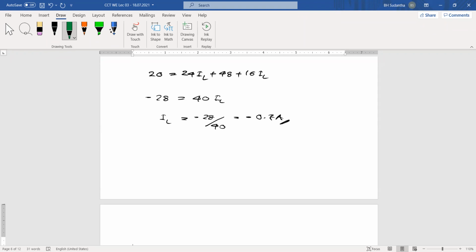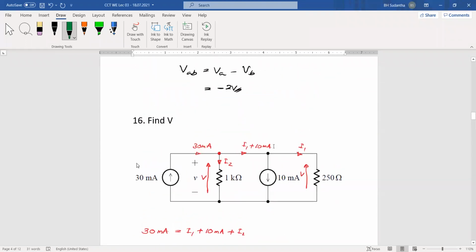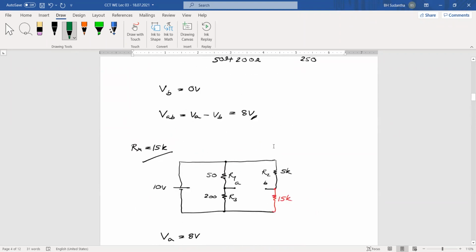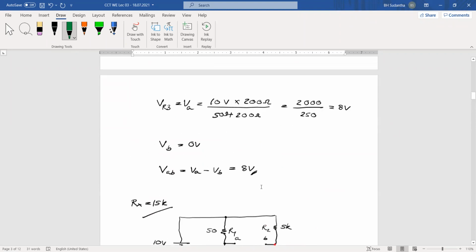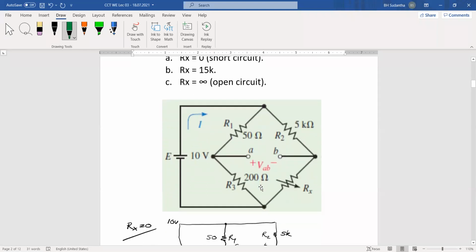Okay, if you don't have any question, now we are going to discuss a different theorem. For example, when we have questions like this one, especially this type of question, here we work it out 3 times to find the answer.